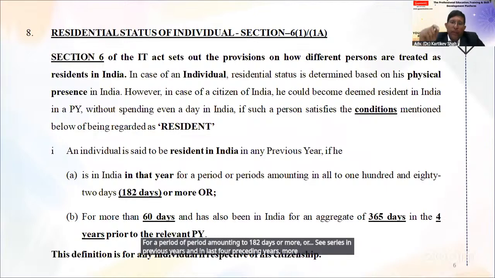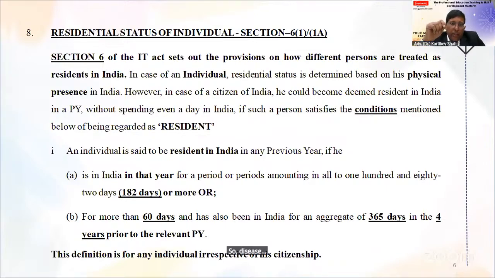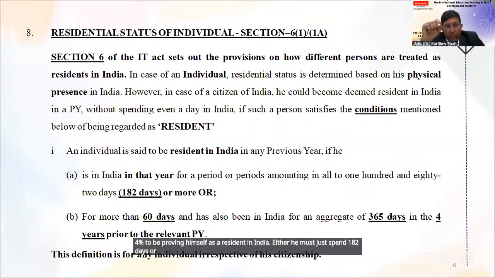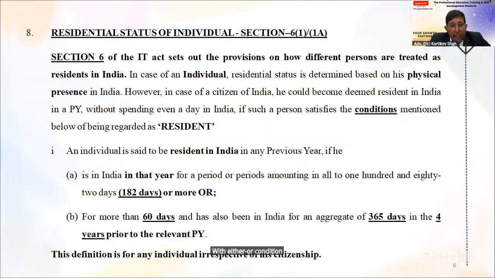So this is the basic condition that we need to take care of. For a person to prove himself a resident in India, either he must have spent 182 days or more in the previous year, or 60 days or more in the previous year and 365 days or more in the preceding 4 years. With either condition satisfied, he can be recognized as a resident of India.